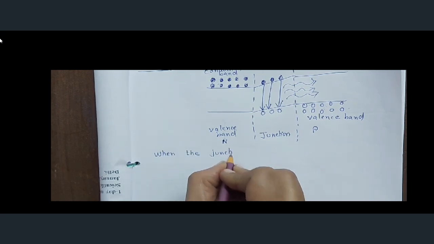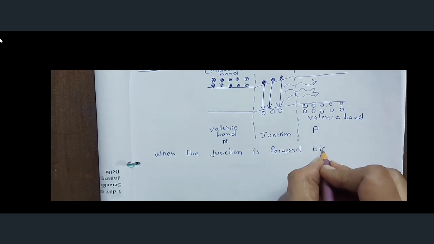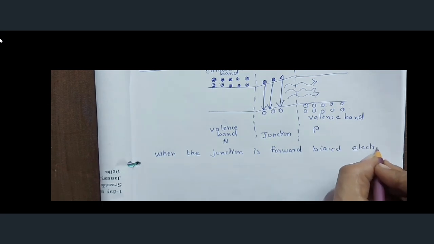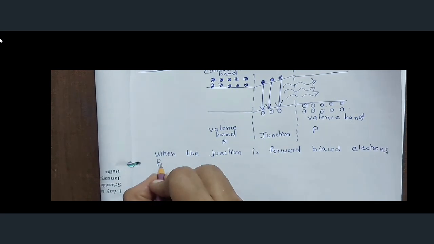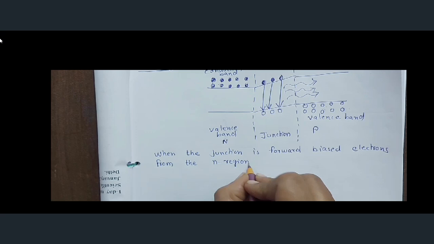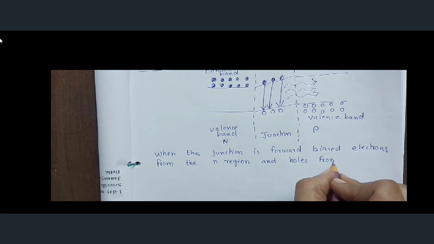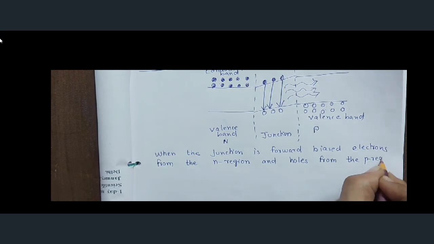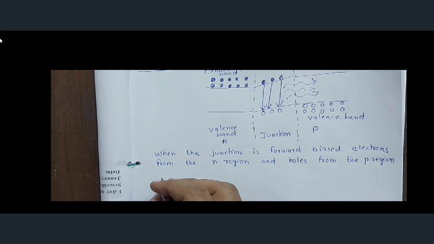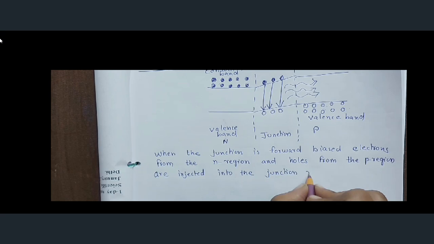junction is forward biased, electrons from the N region and holes from the P region are injected into the junction region.